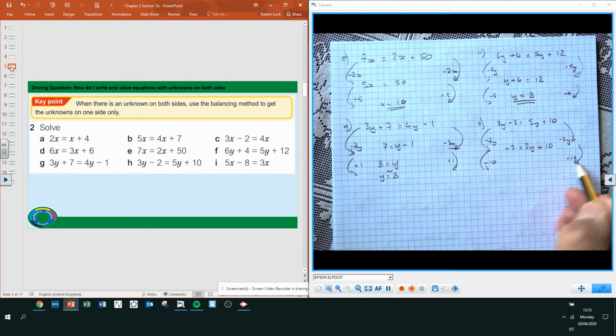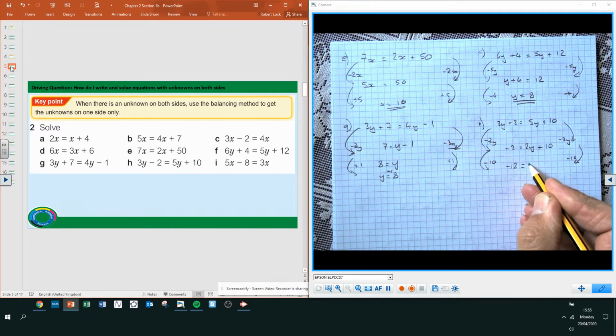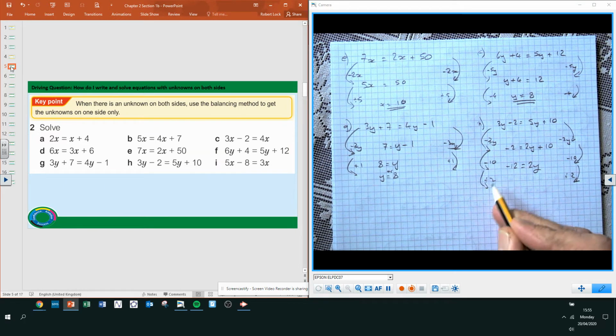Here come your negative numbers. Minus 2 minus 10 is minus 12 equals 2y. To get what y is, we divide both sides by 2. 12 divided by 2 is 6, so minus 12 divided by 2 is minus 6. y equals minus 6.